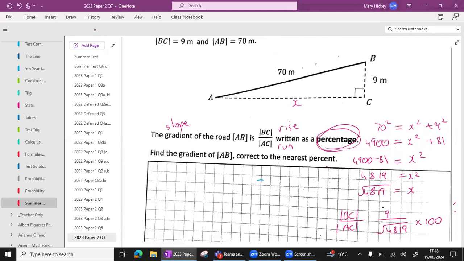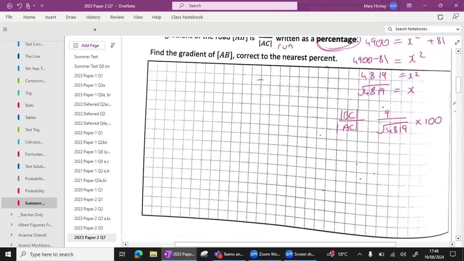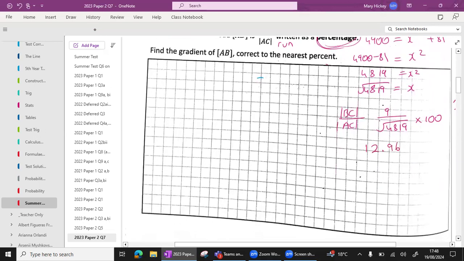So I'm going to do that on my calculator now. 9 over the root of 4819 and multiply by 100. That's giving me 12.96 etc. percent, and we're told to do it to the nearest percent, so 13% is our answer.